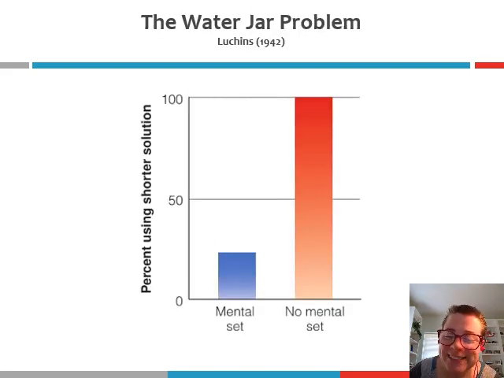Okay, so the first psychological experiment using this particular problem, the water jar problem, was conducted by Luchins in 1942. And he basically compared two different groups of participants. So his first group of participants he called the mental set condition. And in that condition, he first did problem 1 of the 8 that you guys just solved.